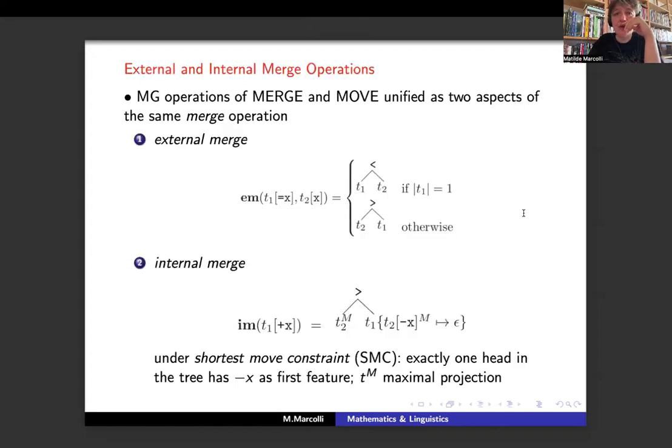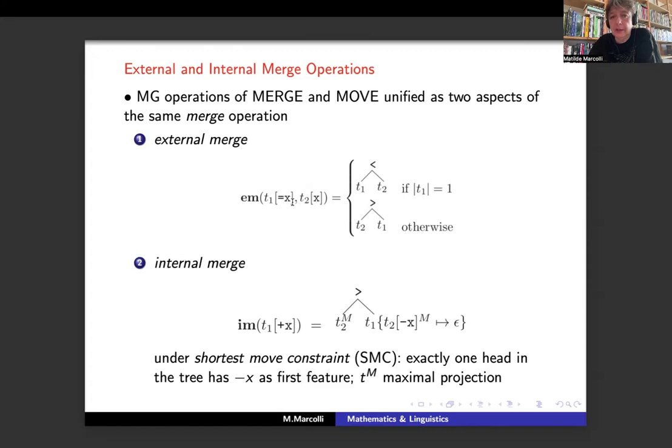Okay, so the next step, in view of what we will be discussing later about the new formulation of merge in minimalism, is that you want to interpret merge and move as two aspects of the same kind of merge operation. So this transitions to the more recent notation that thinks of external and internal merge.